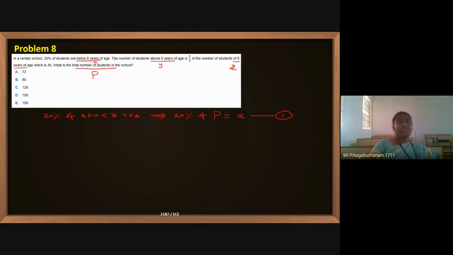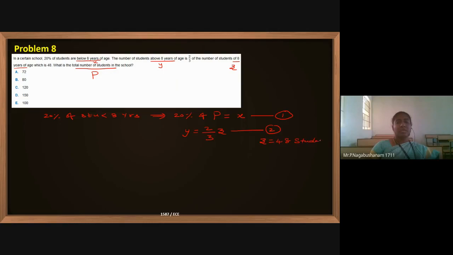The number of students above 8 years is 2/3 of the number of students equal to 8 years. I am making it equation 2. And they have also given that equal to 8 years, 48 students are there.